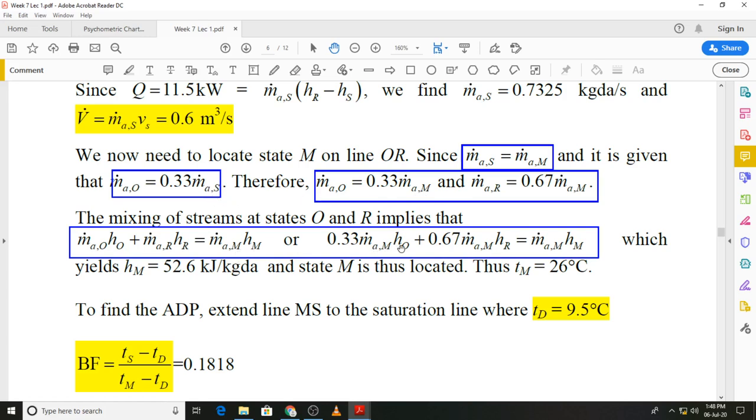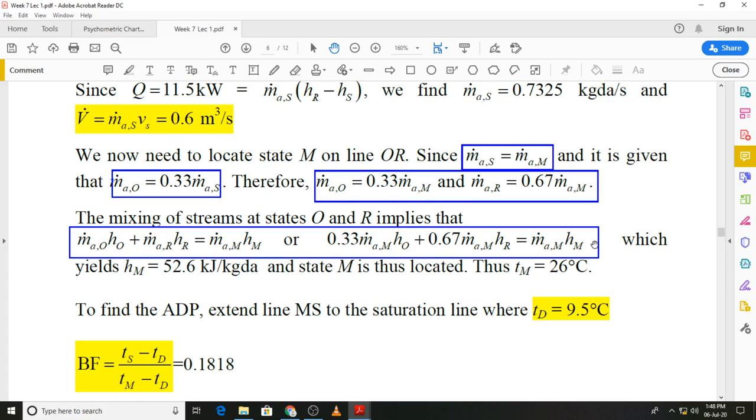You will see that the terms m dot am will cancel out on both sides of the equation. You will get 0.33 times h outside plus 0.67 times h for the space, and that will be equal to hm. We know the values of hr and ho, and that will give you the value of hm, which comes out to be around 52.6 kilojoules per kilogram dry air.